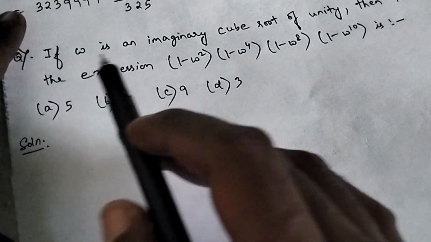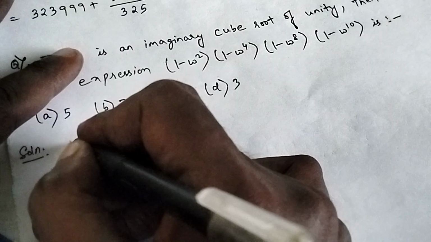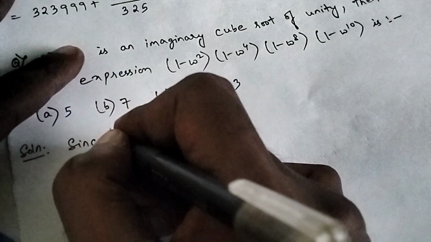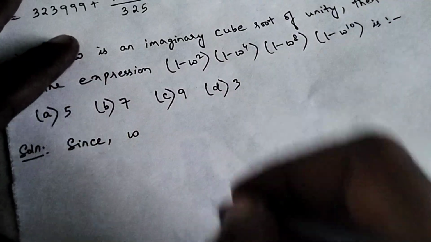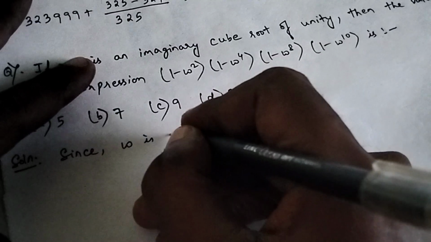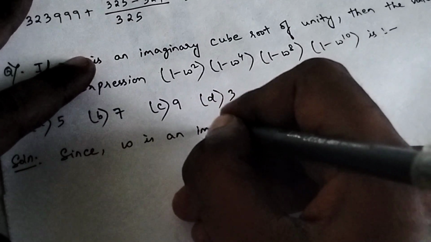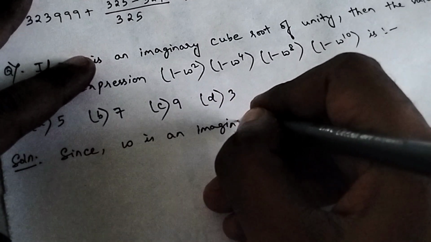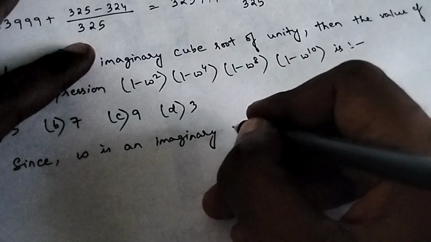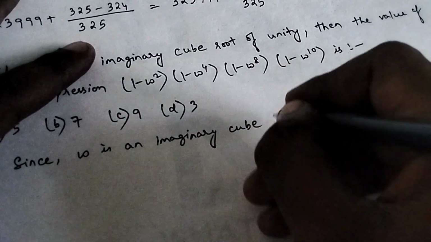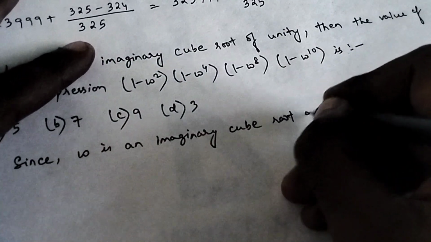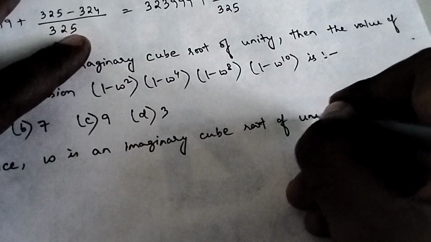Here it has been said that omega is an imaginary cube root of unity.